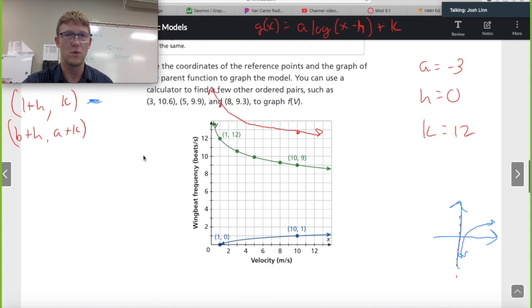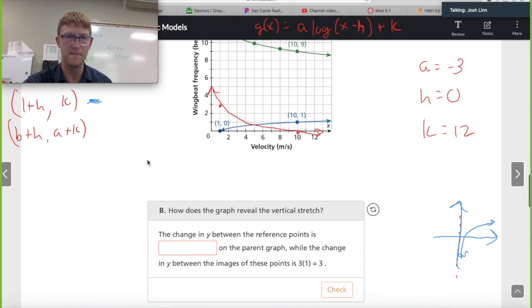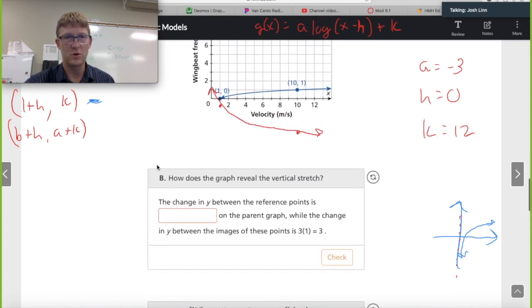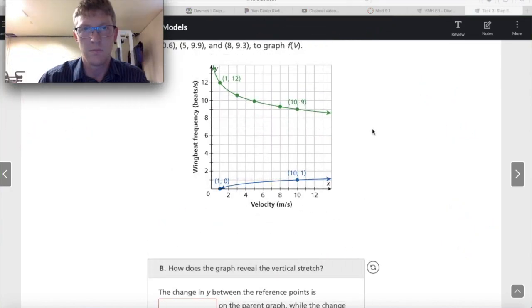And what does all of that mean? How does the graph reveal the vertical stretch? That change in y from 0 to 1 and then 1 to 12 to 9.